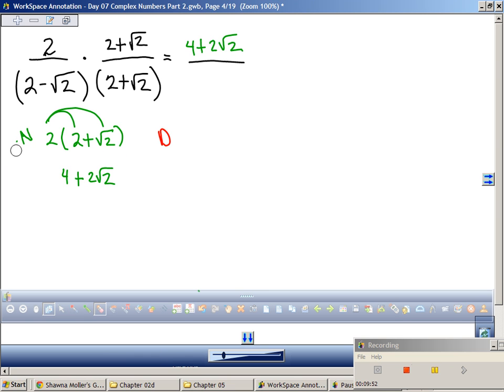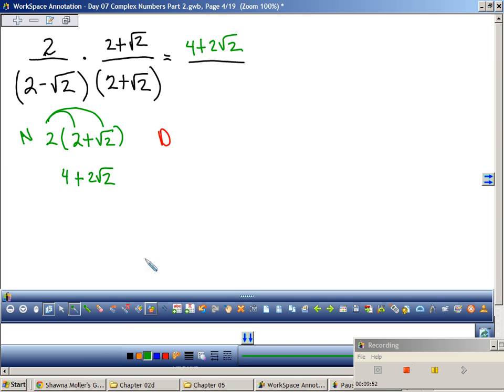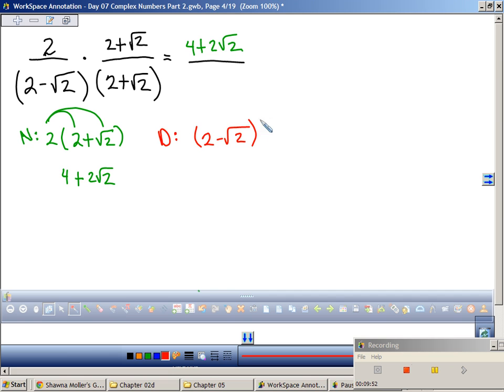Now let's find my denominator. Here's my denominator: 2 minus the square root of 2 times 2 plus the square root of 2.